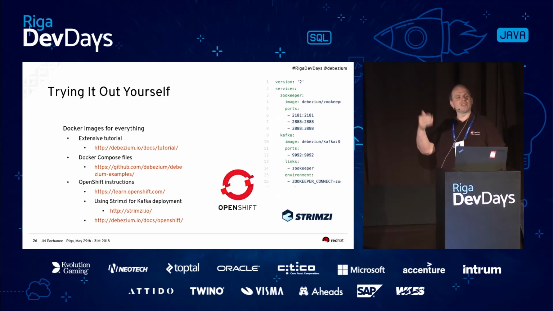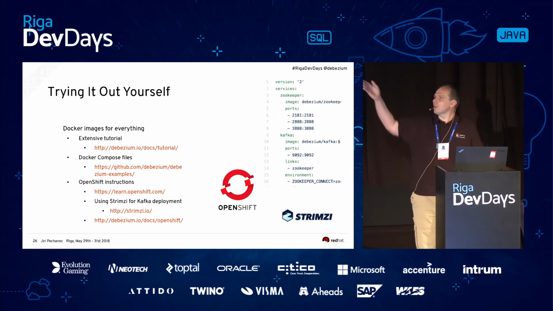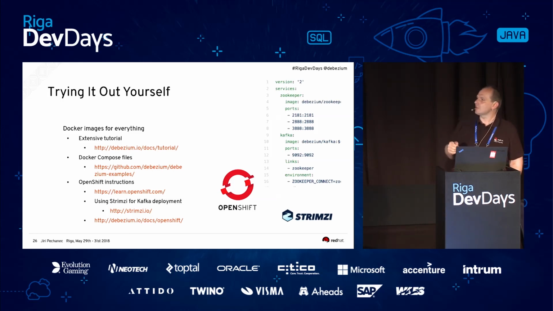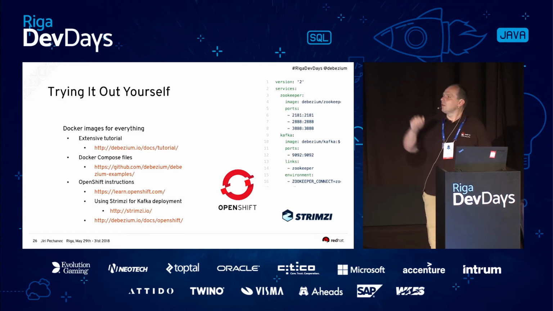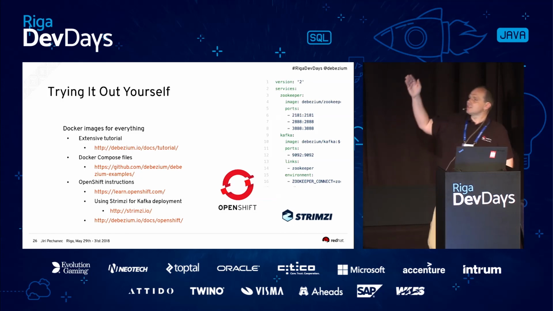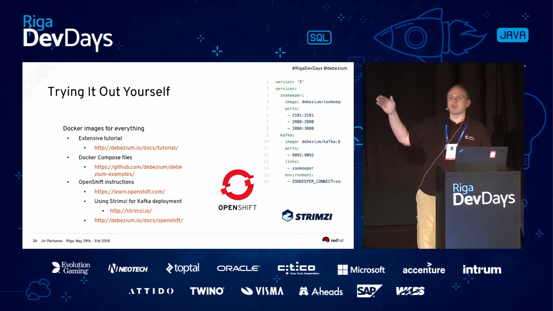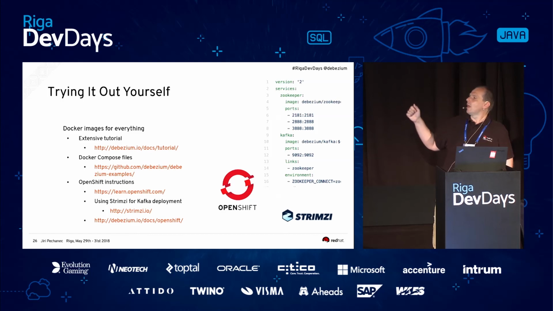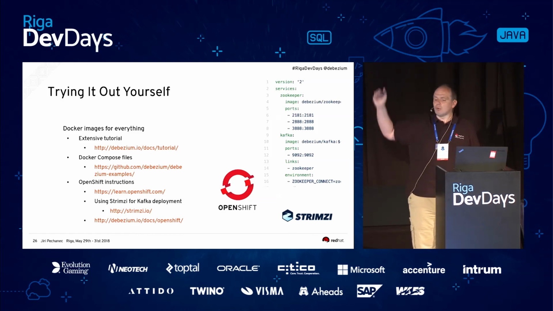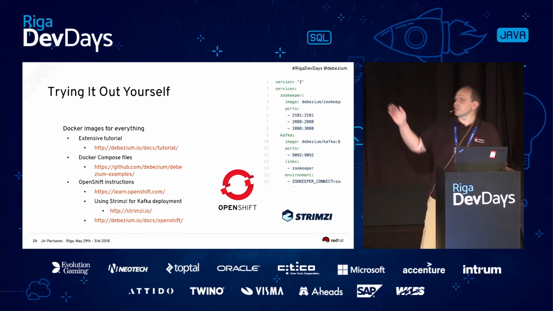So if you don't want to install OpenShift and Debezium, you can go there and run the scenario online in the Katacoda system. You can run it on your OpenShift. For Kafka deployment, we are using the Strimzi project that deploys Kafka and Kafka Connect. And you can follow instructions that are available on our website.